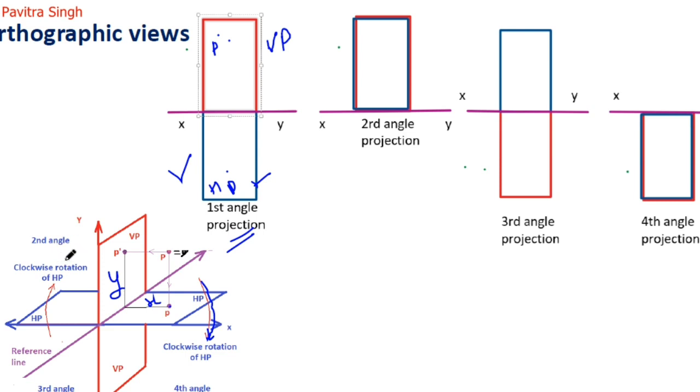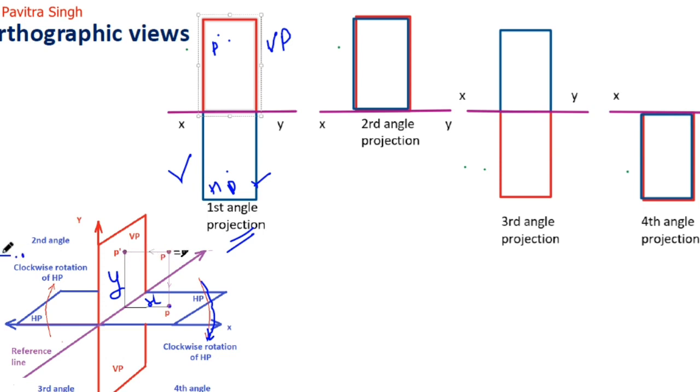Okay, so it will have some defined value, means this is y, and this point P is also in front of this vertical plane, means it is having some distance from y direction. So suppose this is x distance. So this is the x distance of this top view.